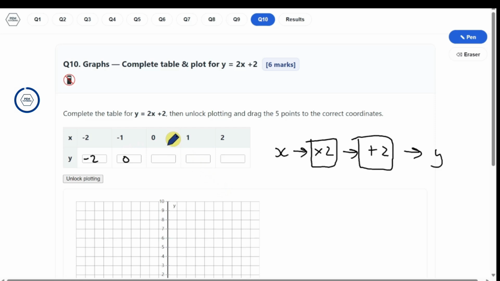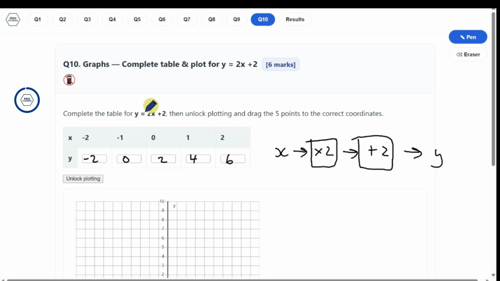Then we put 0 into here, so that x there becomes 0, this whole term goes, leaving behind the 2. And if we put 1 into here, 1 times 2 is 2, and then 2 plus 2 is 4. Then we put x equals 2 into there, so 2 times 2 is 4, and then 4 plus 2 is going to be 6.